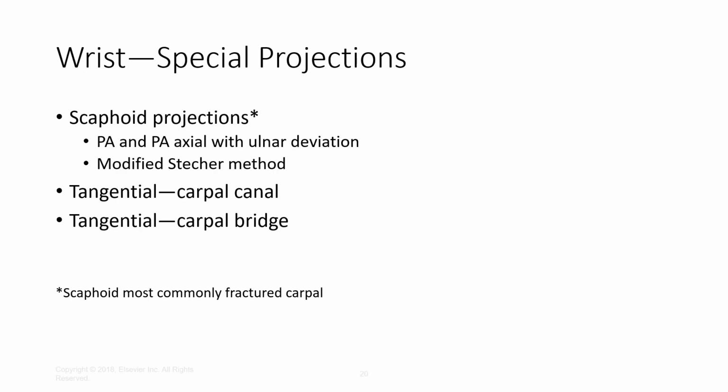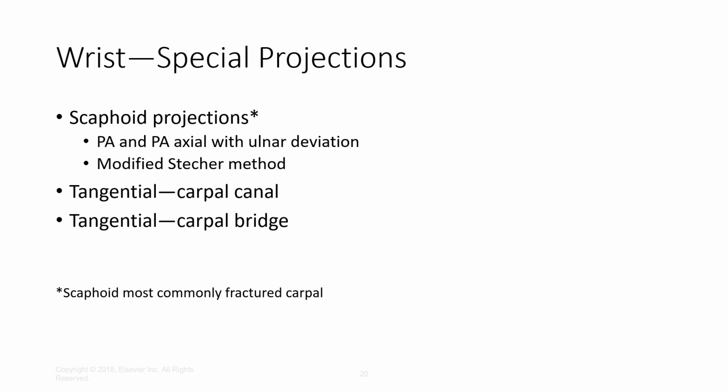Special projections of the wrist, there are two that demonstrate the scaphoid specifically. That is your PA and PA axial with ulnar deviation and the modified Stecher method. Now both of these are on page 154 and 155. And then we also have two tangential views.